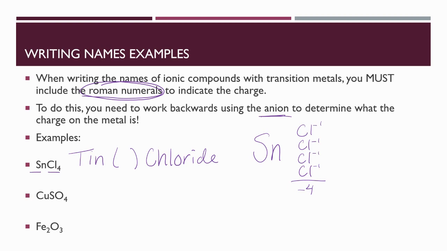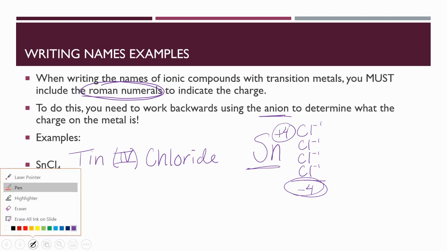Well, I only have, according to the formula, 1 tin atom to cancel that out. So the charge on that tin atom, I have to reason backwards, has to cancel out all of the -4. So it has to have a charge of +4. That's when I can write in Roman numerals: tin(IV) chloride.